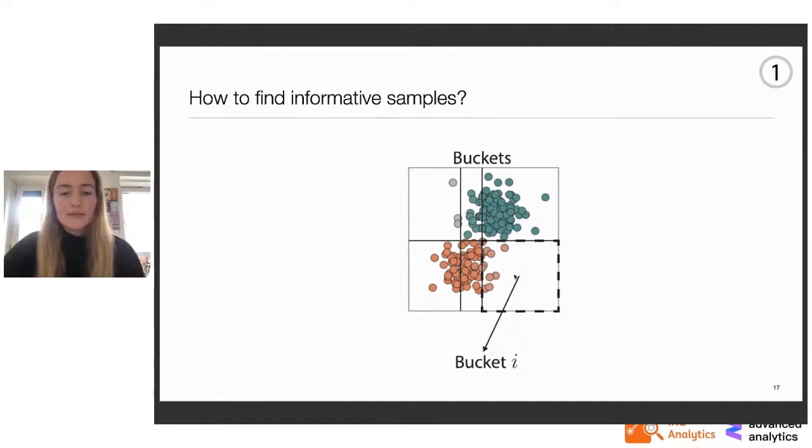And then the key idea that we use to determine a sampling approach is that our goal is that within a bucket, the resulting probabilistic labels that we get reflect as closely as possible the actual true distribution of classes within that bucket.